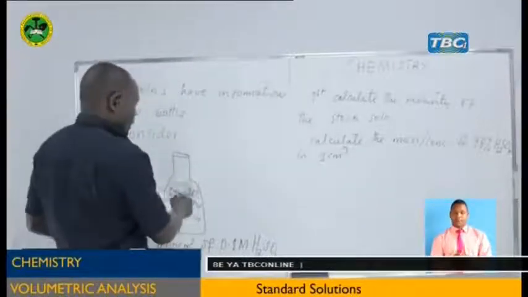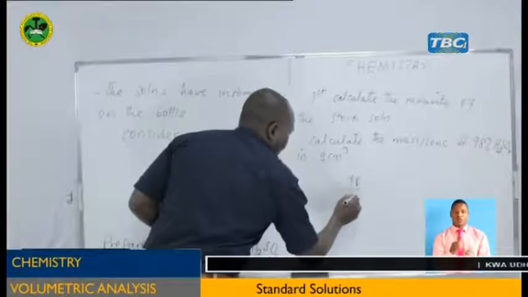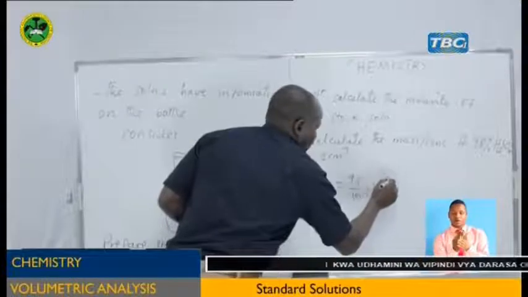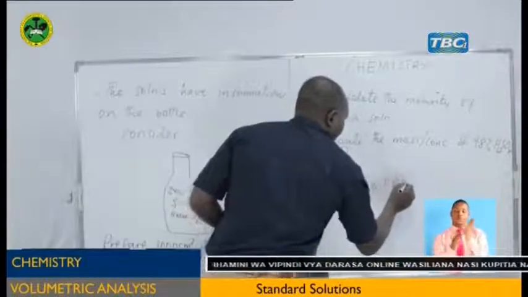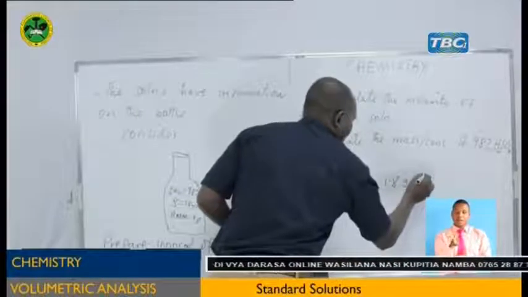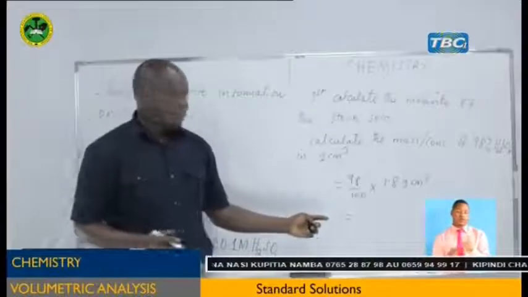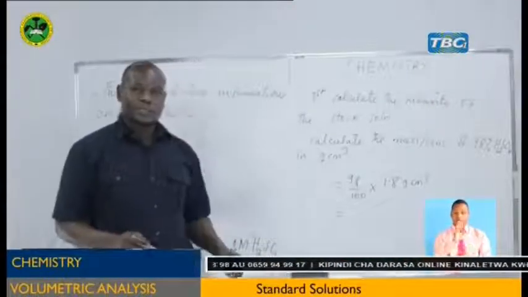It is just simple. You take 98 over 100, which is the percentage, times 1.8, which is the density, gram per cubic centimeter. My dear students, this is simple. So take your calculator now and find that concentration.